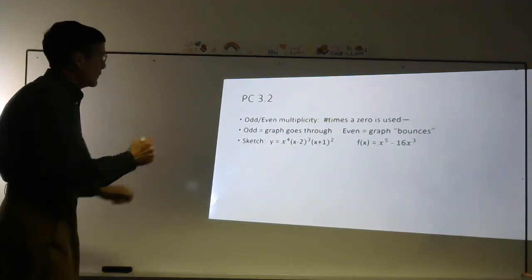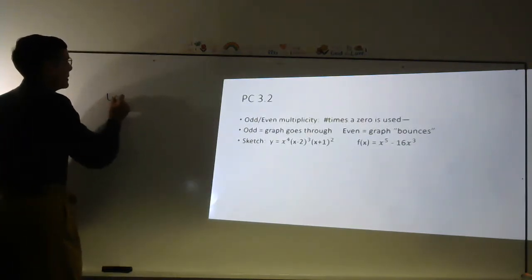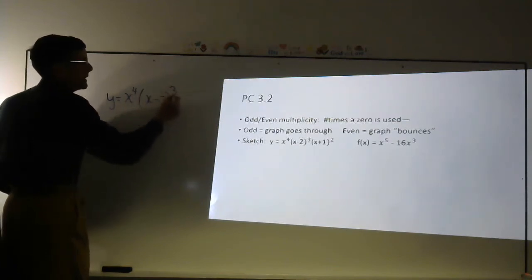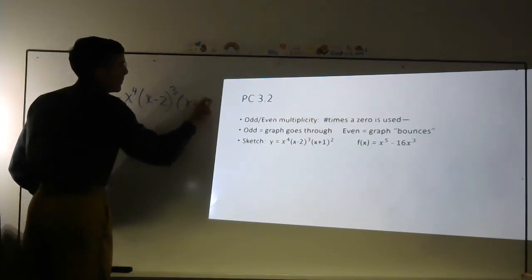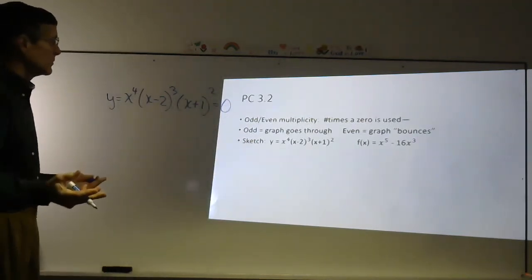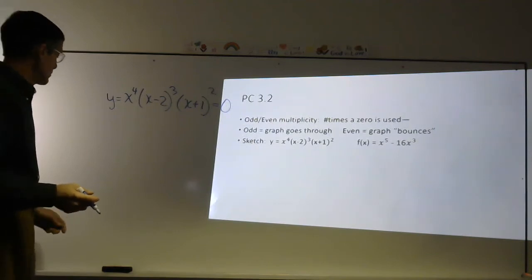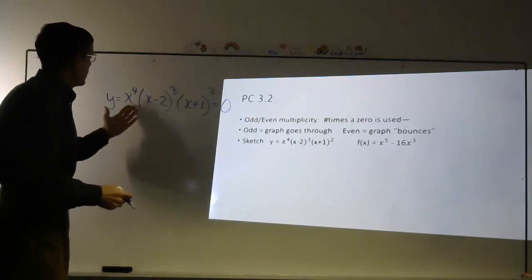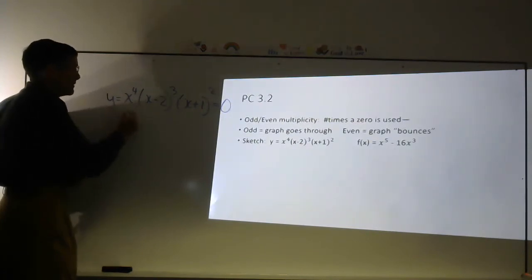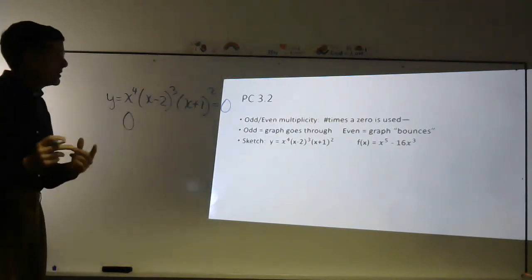Okay, this first one, notice it's already factored for you. Isn't that nice? If we're going to graph it using zeros, we set it equal to 0 to see where it hits the x-axis. I know that x times x times x times x, 4 times, you're going to get 0 from this one 4 times.